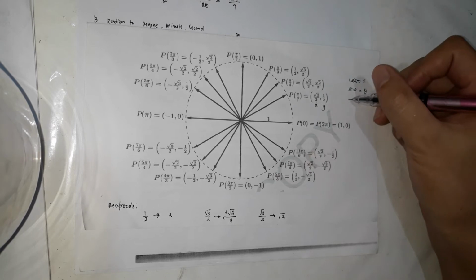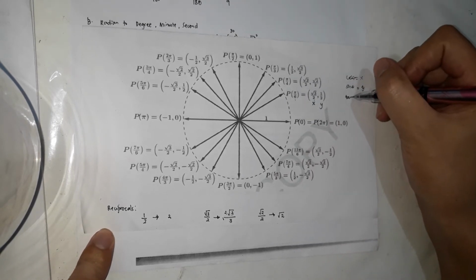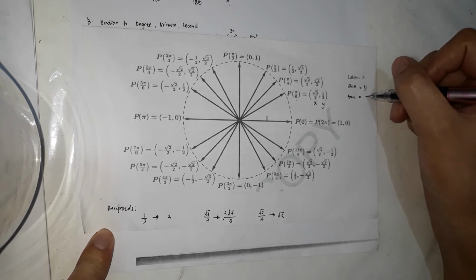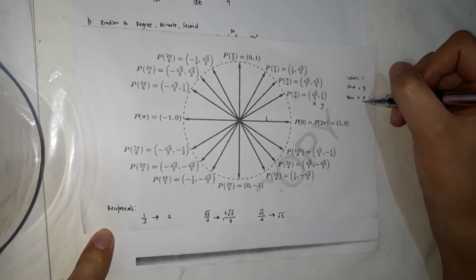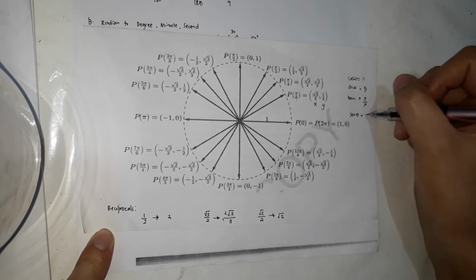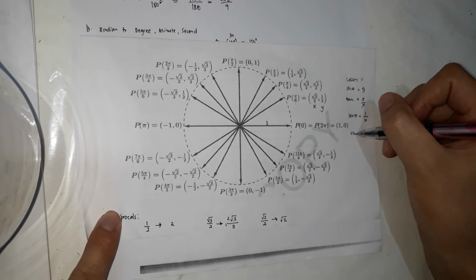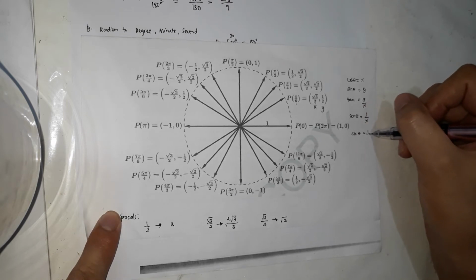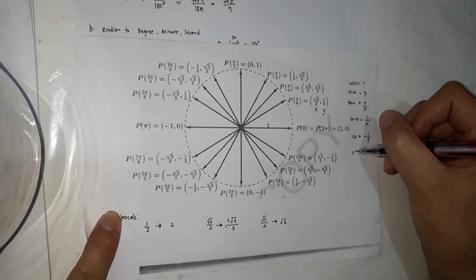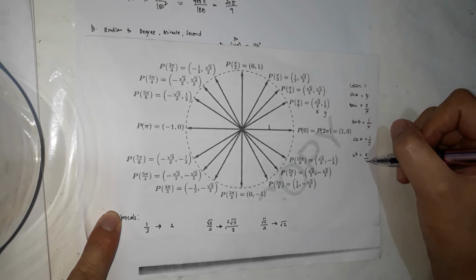And the tangent is y over x. Secant theta is 1 over x, while cosecant theta is 1 over y, while cotangent is x over y.